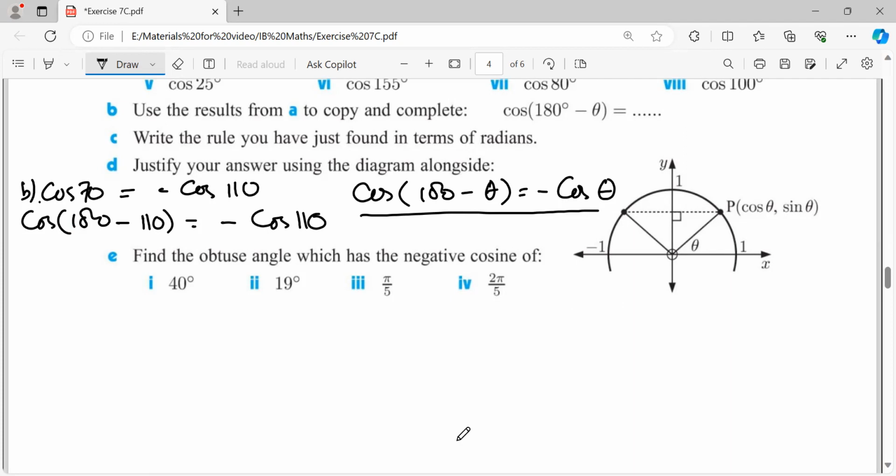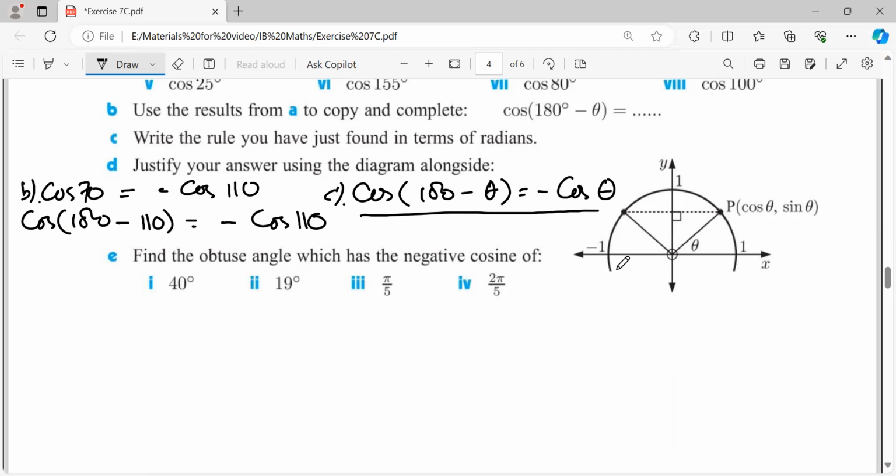Next, D. Justify your answer using the diagram alongside. Oh, this is already this one, the solution, the conclusion.